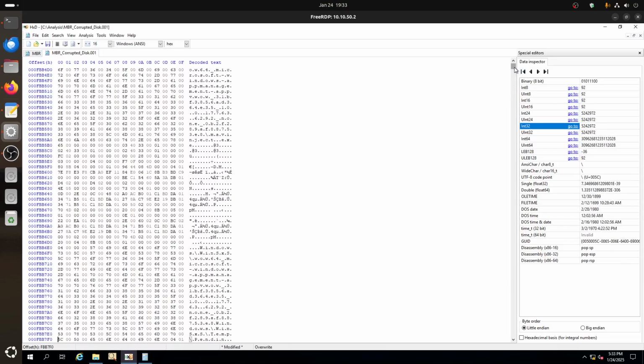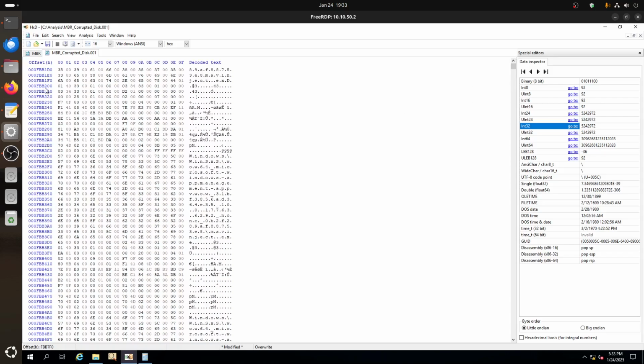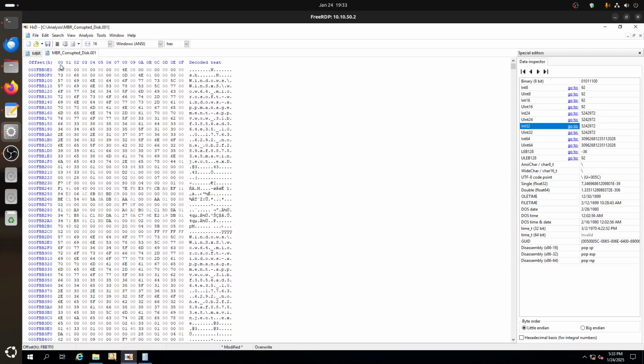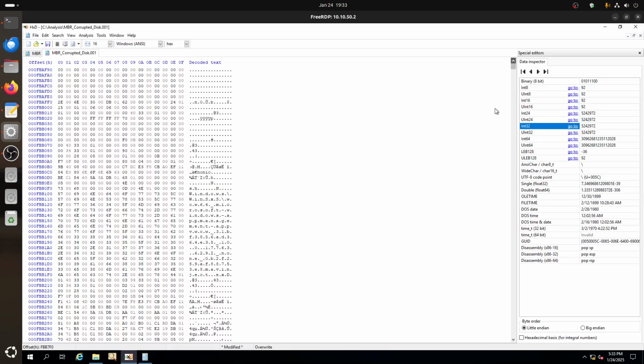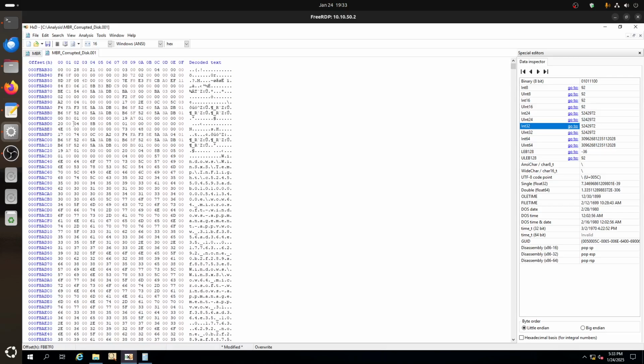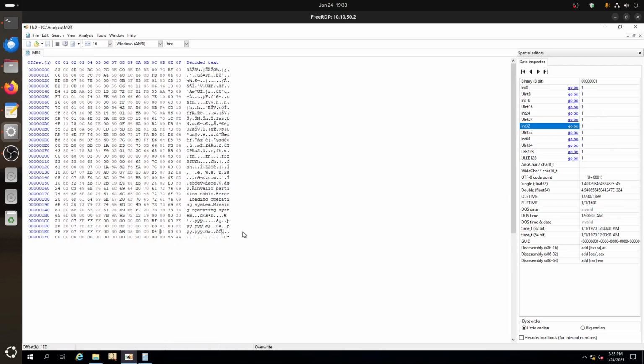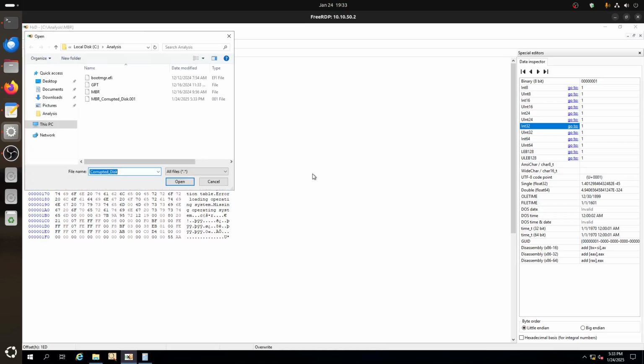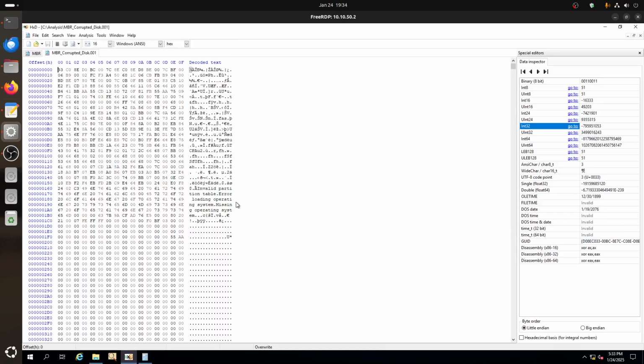Why is it not going straight to the top? Let me close this. Yeah, let's save it because we already did that one. Save. Let's open it again. I don't know why it can't go to the top. It's like it's joking with me.